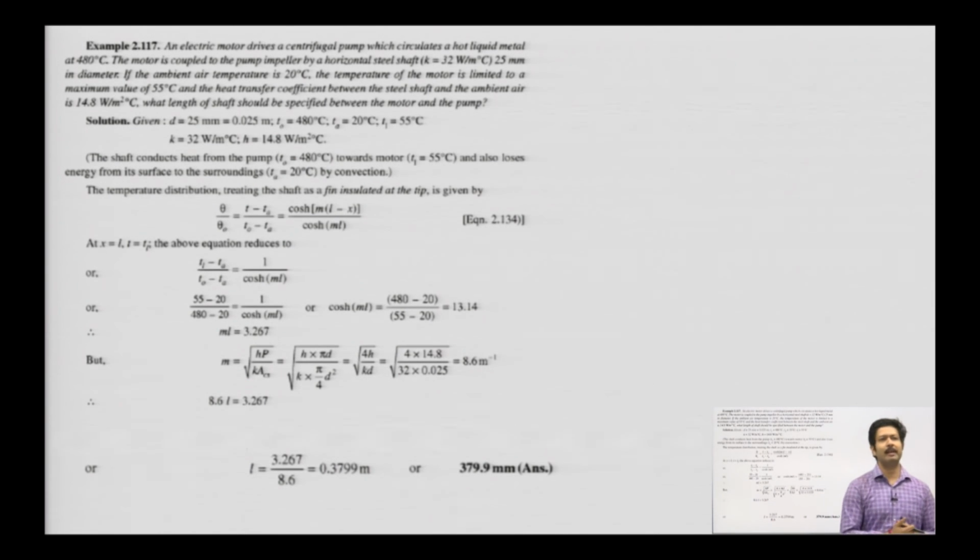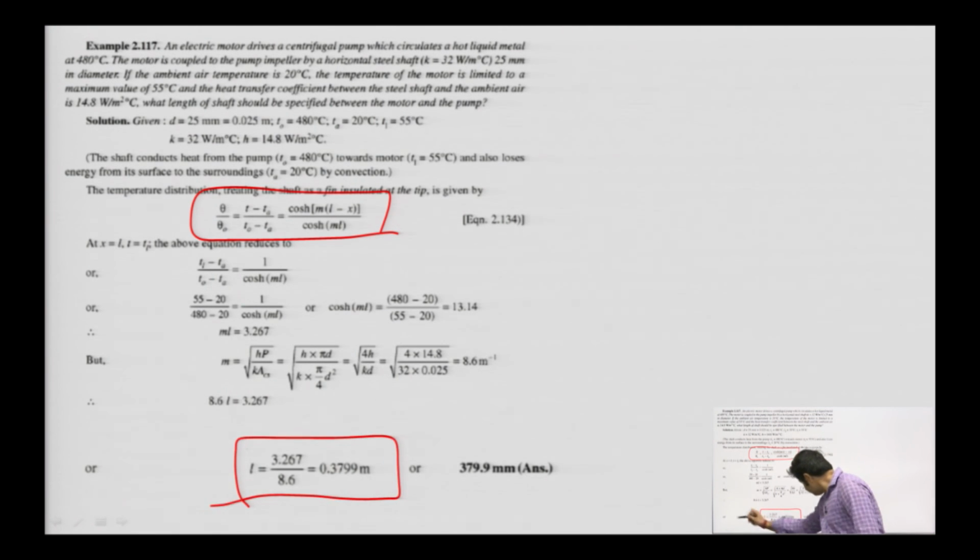So this is another numerical of the same stature. The same thing here, I'm not going deeper into it. They have gone for deploying the formula for the temperature profile. So here they have calculated the length.